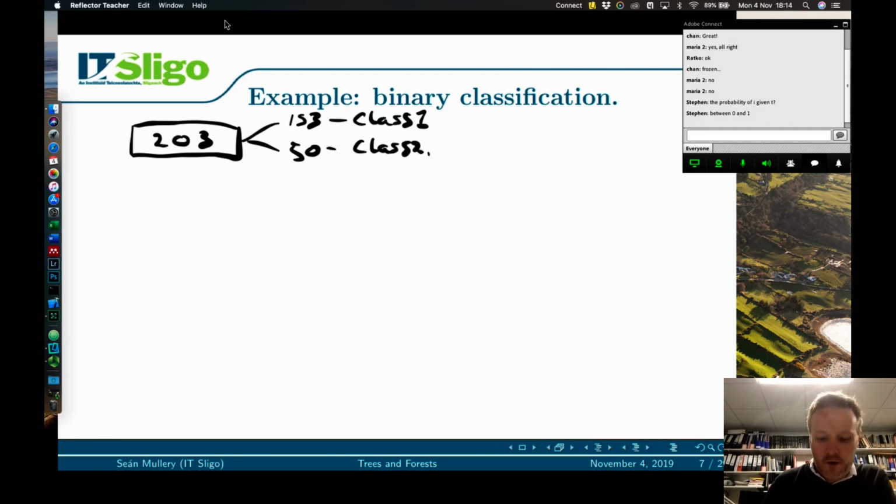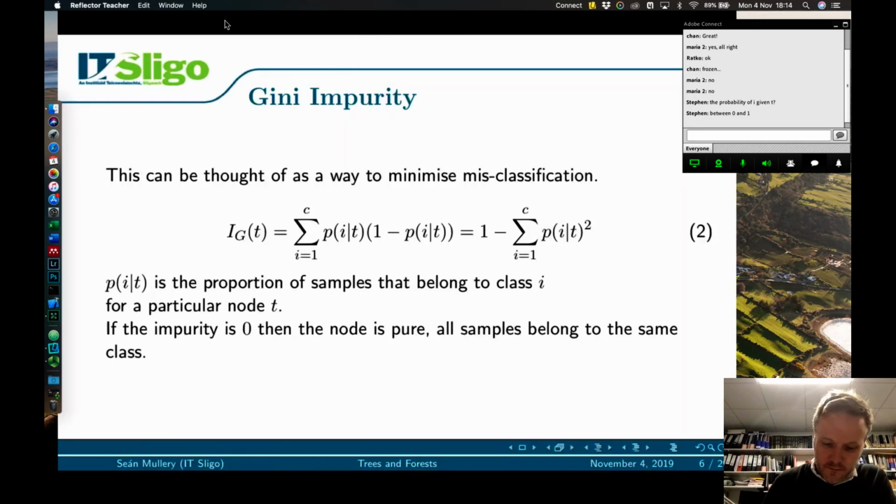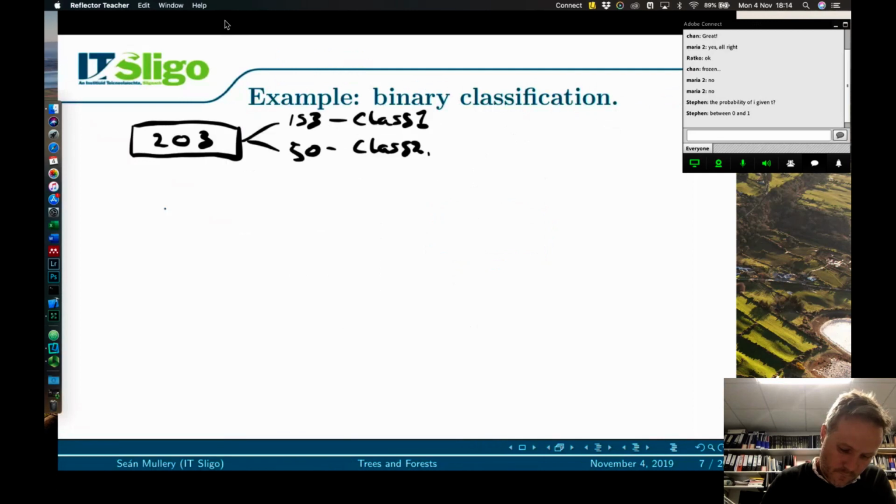Okay, so if we go back to our formula here, which maybe I'll just take a copy of onto the next sheet. Let's have a look through this sum. So what are we going to do?